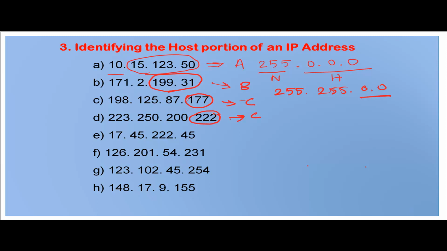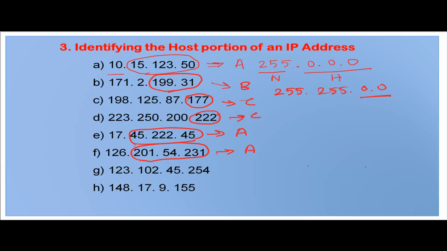Then 17. So 17 is a class A IP address. We already solved this problem. For a class A IP address, the second, third and fourth octets are going to be the host part. Then 126 is also a class A IP address, so the last three octets are the host part.